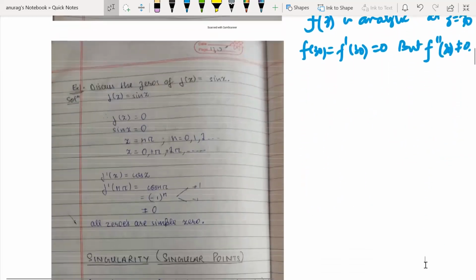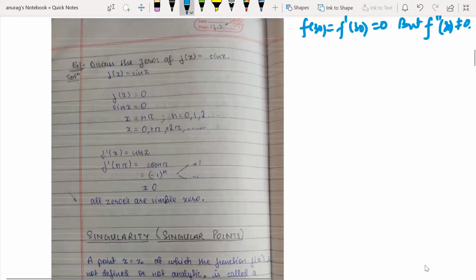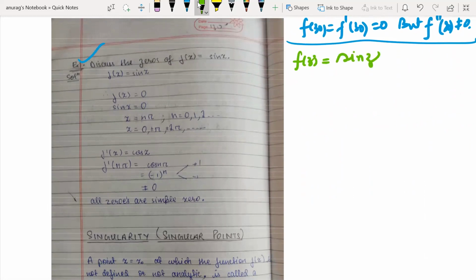Let's see one example based on this definition. In the first example I'm going to discuss the zeros of f(z) equal to sine z. We know that sine z is analytic everywhere.